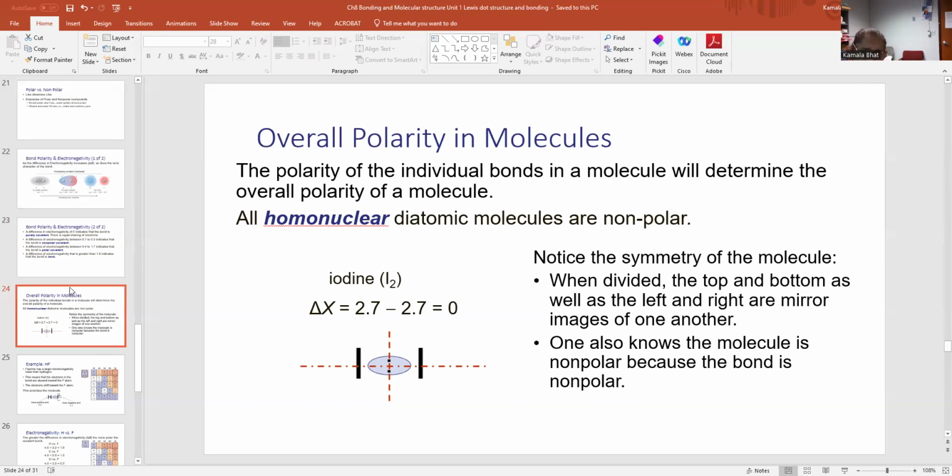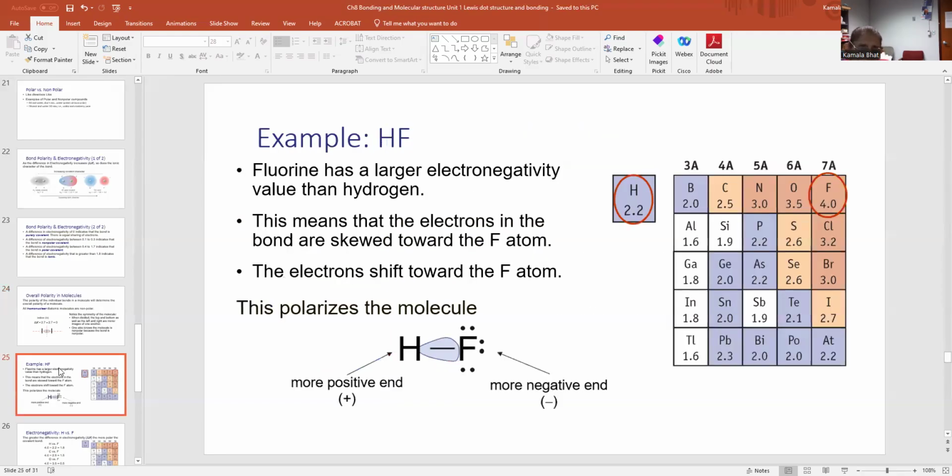So these are some of the criteria that you have to look for when you are trying to describe whether the molecule is polar or nonpolar. Now, fluorine has the largest electronegativity value, and it is assigned a value of 4. You can look at the chart for the electronegativity values for groups 3A, 4A, 5A, 6A, and 7A, and you can see that every other value is less than that of fluorine.